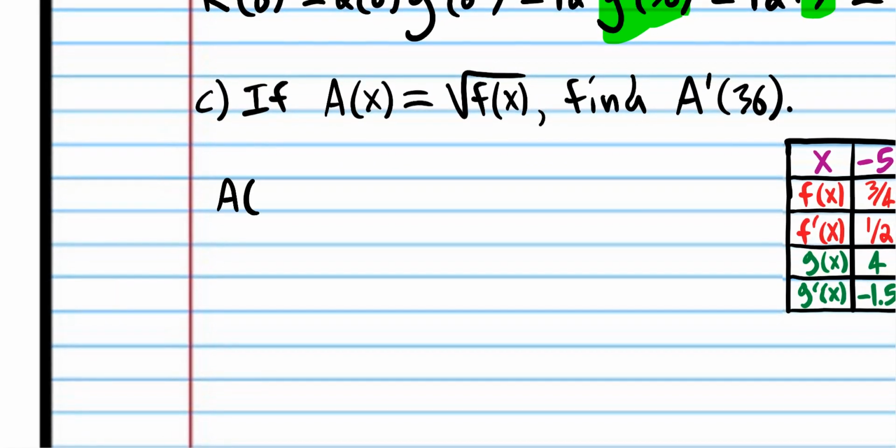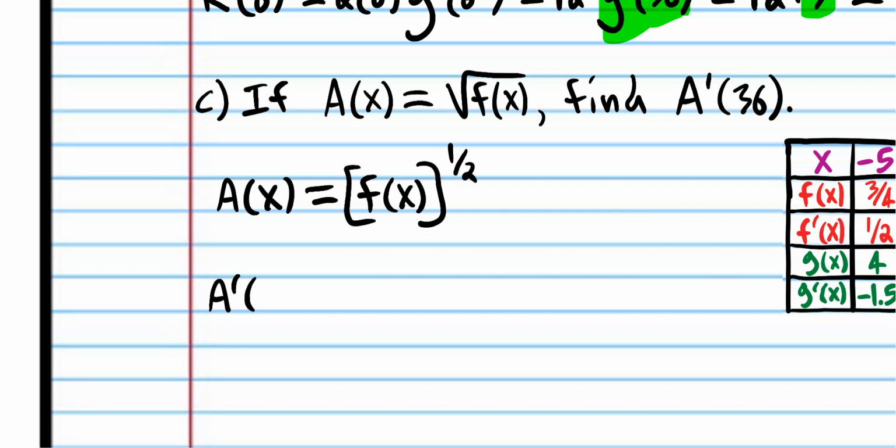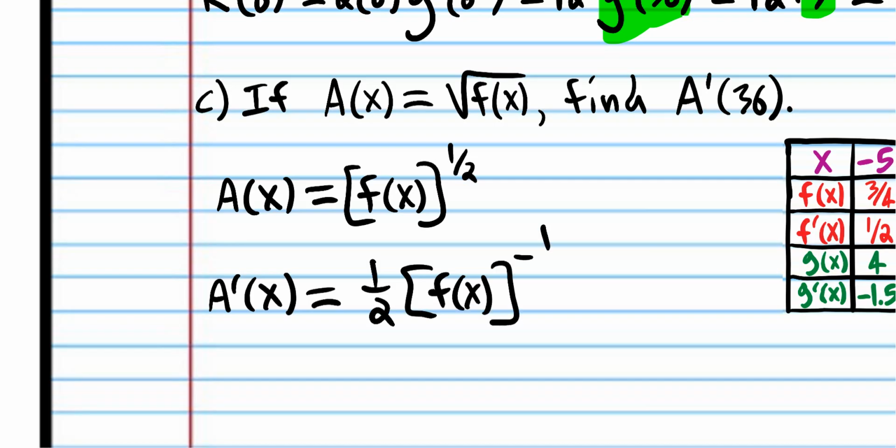So before we do anything, I'm going to change that expression to f of x to the 1/2 power, because that just makes it easier for us to find the derivative. So remember, when we use the chain rule, we find the derivative of the outside function. So we're going to use the power rule to do that. So we found the derivative of the outside function.